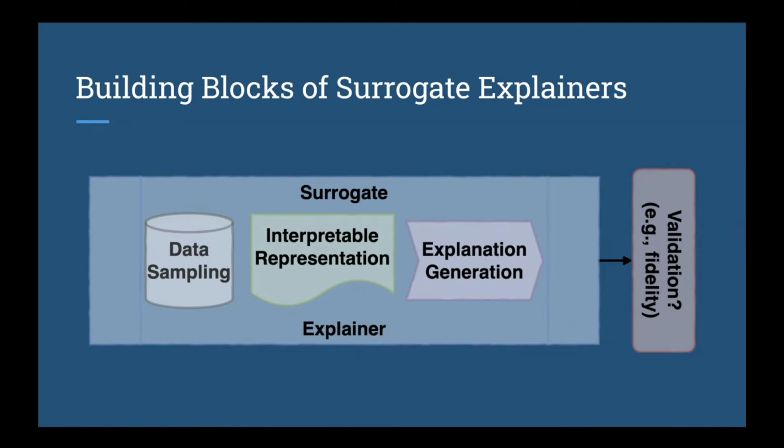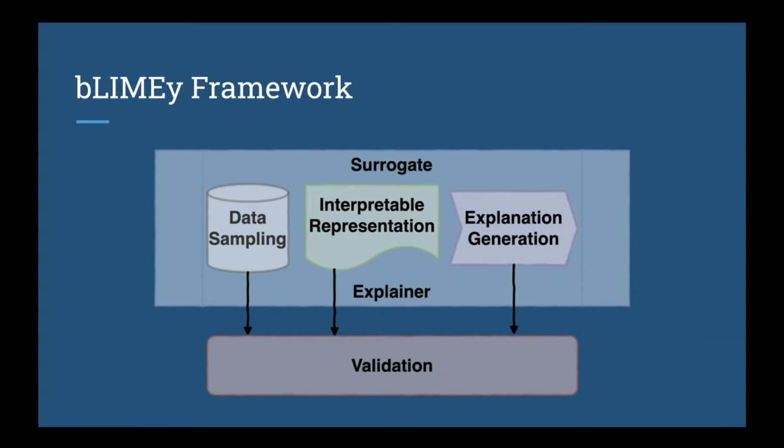BLIME consists of 3 main building blocks: data sampling, interpretable representation, and explanation generation, and then a validation step. One of the validation criteria can be faithfulness, or fidelity, so how well your surrogate mimics the black box. But as we started developing it in this way, we noticed that there are so many different parameters that you need to tune or choose, or different components to choose from, that it is way better to just validate each step as you go.